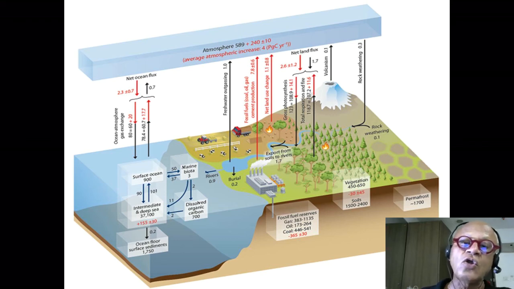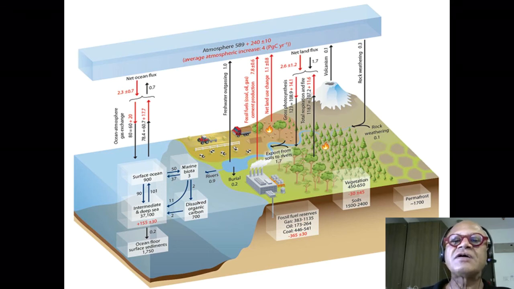So there are all these various boxes: burial on land, river flux, biological flux versus solubility flux, dissolved organic carbon being moved around, and here are the fossil fuel reserves that we are burning up in terms of gas, oil, and coal, and we are burning at about 365 petagrams carbon per year.